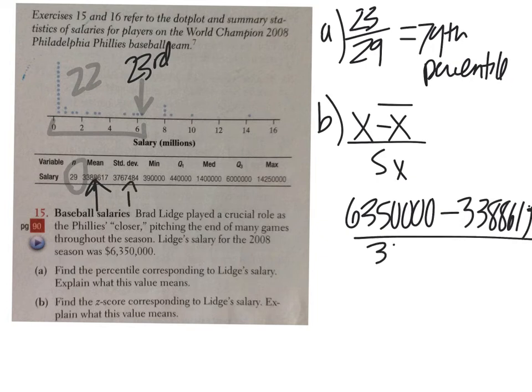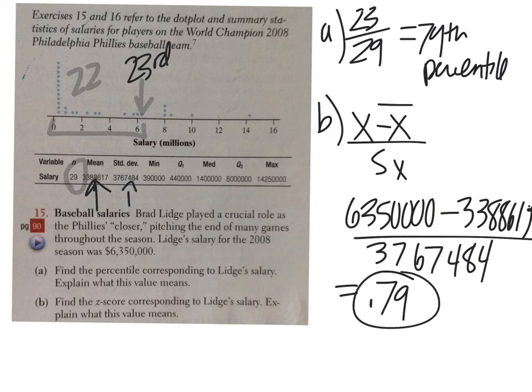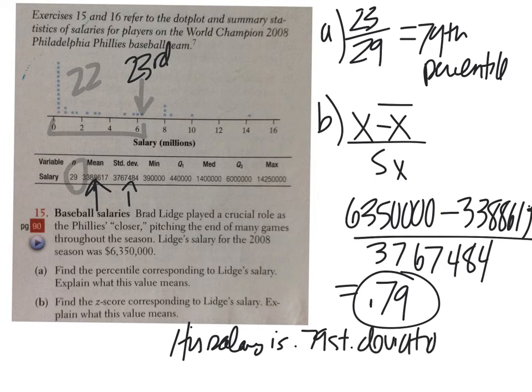That's a pretty large standard deviation, wouldn't you say? And this ends up giving 0.79. Okay, that's a coincidence that they're both 0.79. They're not always going to be the same. Now, as far as what this means, his salary is 0.79 standard deviations away from the mean.